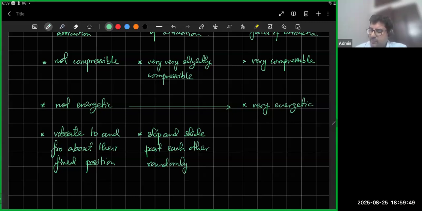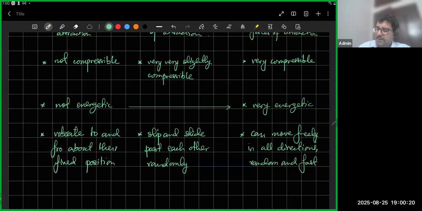And the last one is gases. In gases, particles can move freely in all directions, and the movement is going to be random and fast.